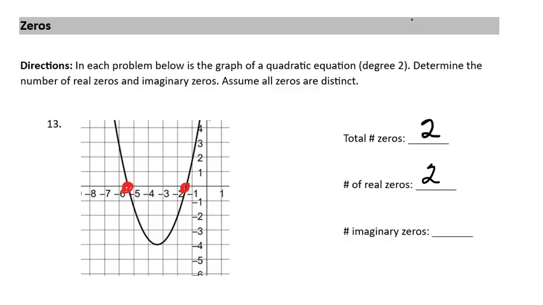Well, if I got a total of 2 zeros and both of them are real, that means I have 0 imaginary or non-real zeros. And again, I want to stress that the number of real zeros is your number of x-intercepts, or how many places your graph crosses the x-axis.